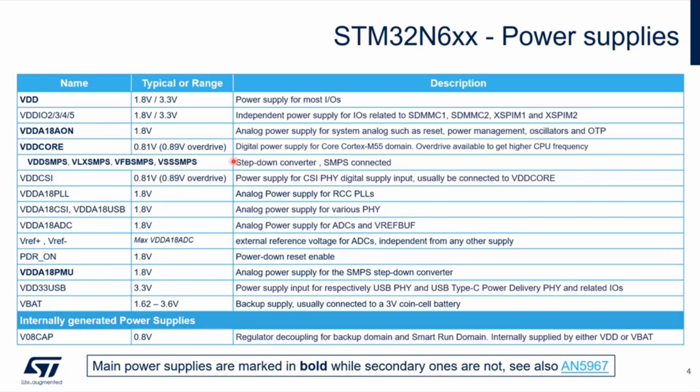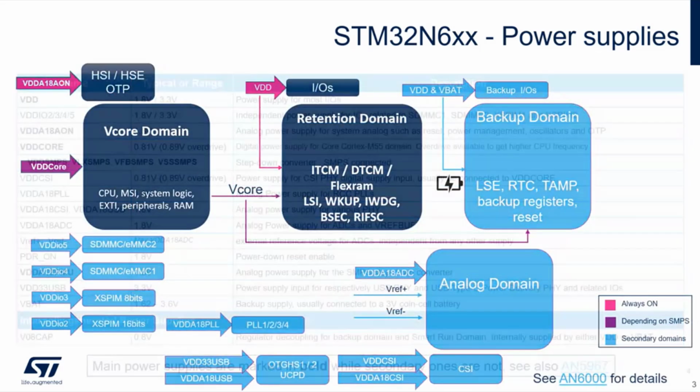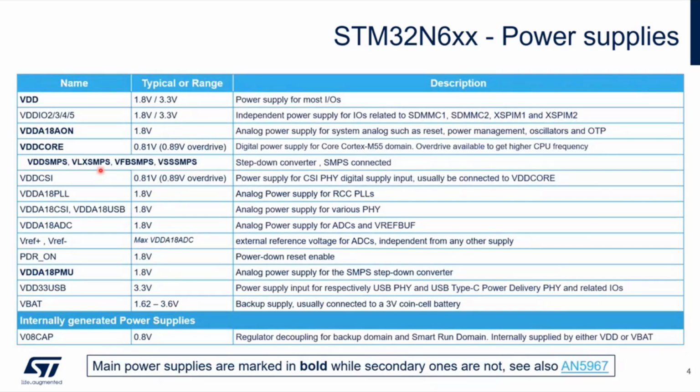However, once again, to remind you, we have main power supply domains like VDD, VDDA, 1.8 always on, VDDCORE, and VDDCORE, as you have seen on the previous slide, depends on the SMPS. And VDDCORE can be supplied both by internal SMPS, and for this use case, we need another main power supplies to supply internal SMPS, or VDDCORE can be supplied by external SMPS.